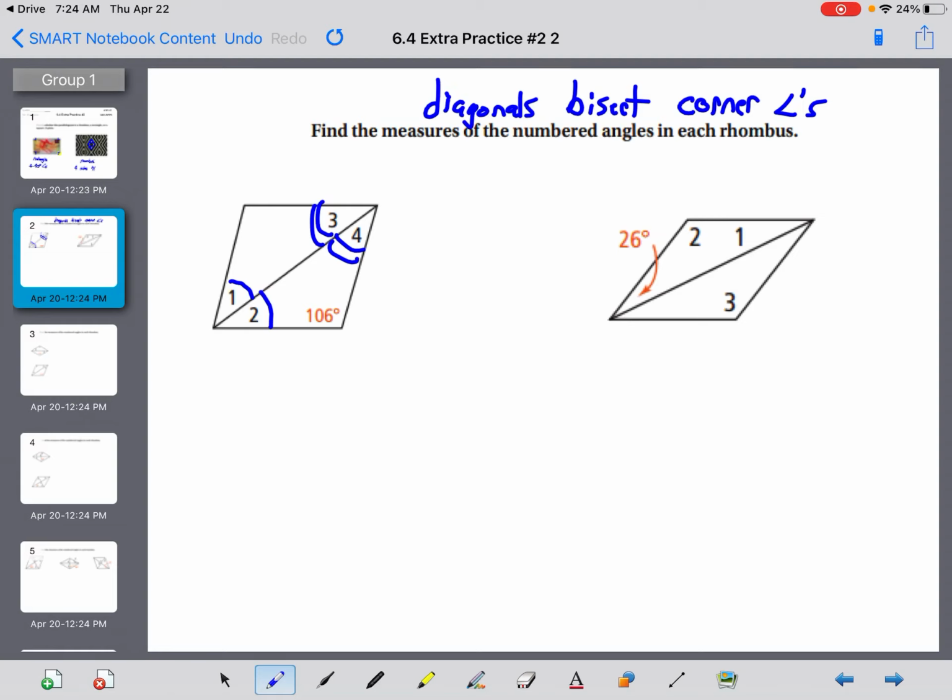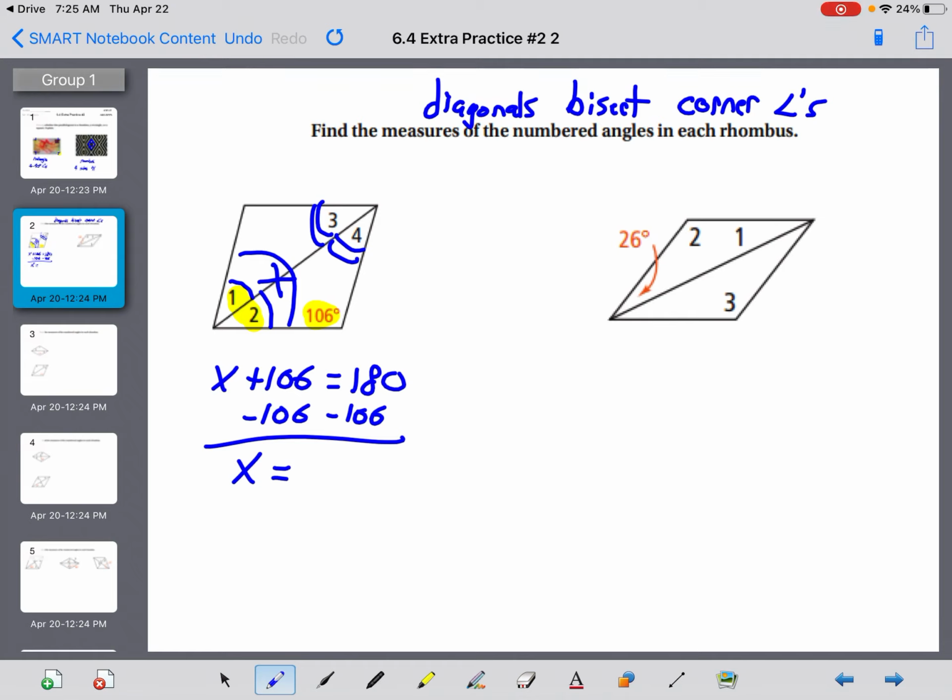All we have to do in order to figure this out is that they are consecutive. 1 and 2 are consecutive with 106, right? So we get x plus 106 equals 180. I'm going to subtract 106 on both sides, and x equals, and remember, x is the entire thing. It's both angles is x.